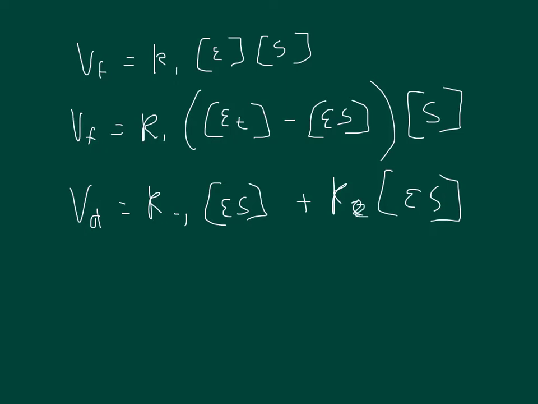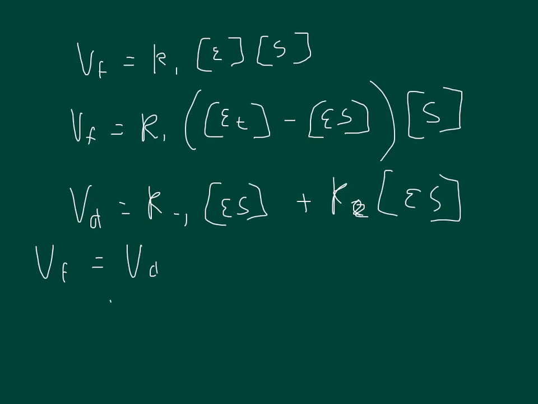Now's the time where we go back and remember our assumption. Our assumption was that the change of ES over the change of time equals 0, so the amount of the enzyme-substrate complex doesn't change. That means the velocity at which it forms has to equal the velocity at which it disappears. Since the formation velocity and the disappearance velocity are equal, we can combine these equations.